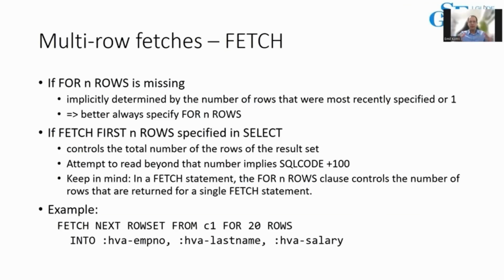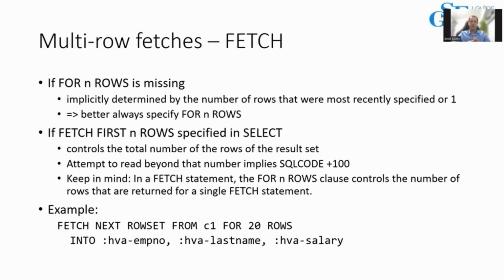If you attempt to read beyond the limit, you get SQL code 100. But again, keep in mind that for n rows in a fetch statement controls the number of rows returned for a single fetch. It doesn't mean that it's the entire result set.